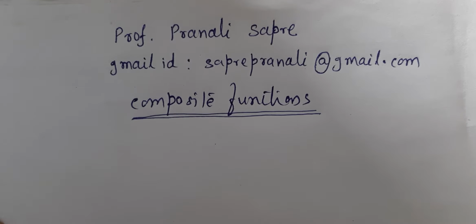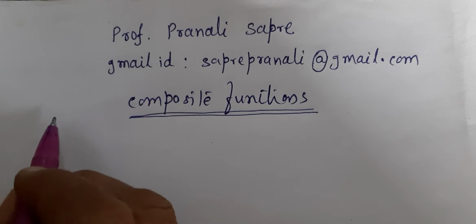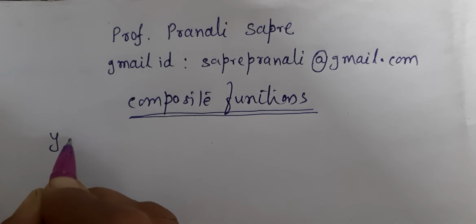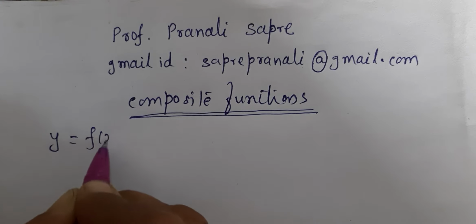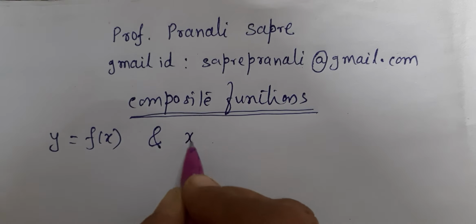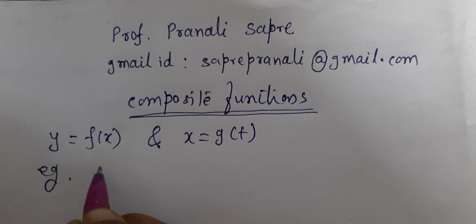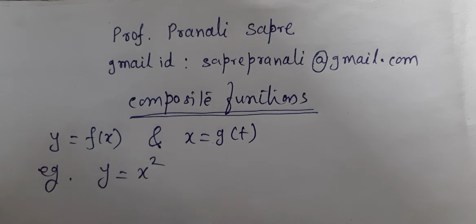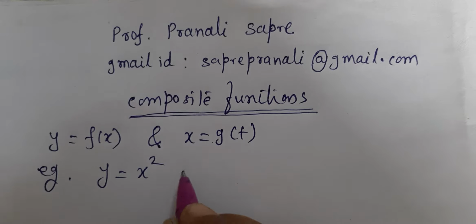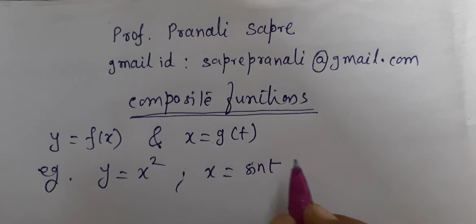Let's have reference of what you have already studied. You have studied one variable function in which, say, y is a function of x and x is some function of t. As an example, say y is x square, and let's have x as sine t.